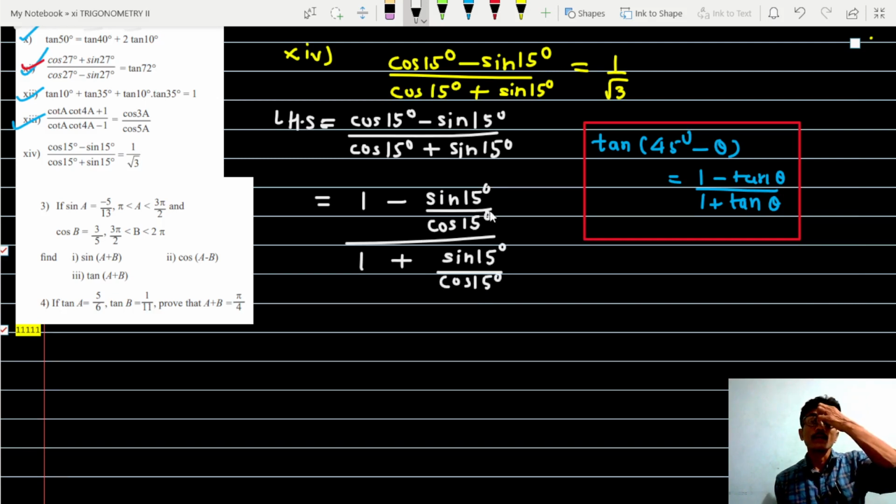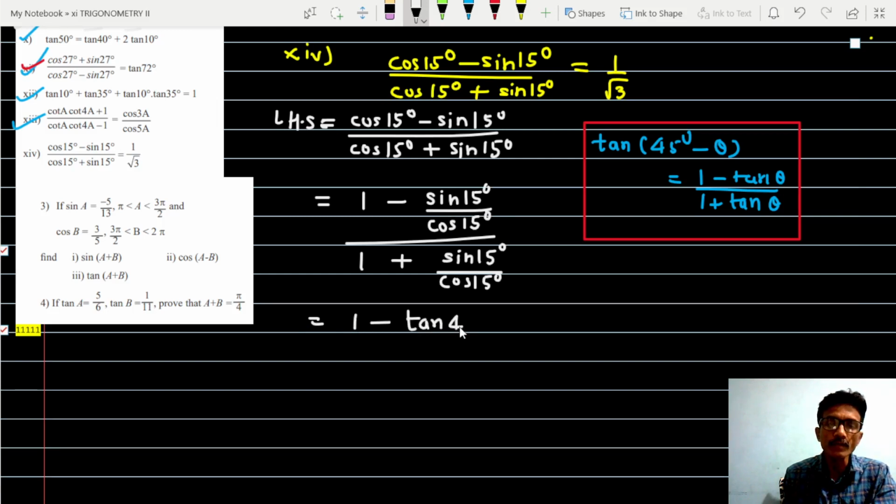Now sine 15 upon cos 15 is tan of 15 degree, so the numerator is 1 minus tan of 15 degree, and the denominator is 1 plus tan of 15 degree.